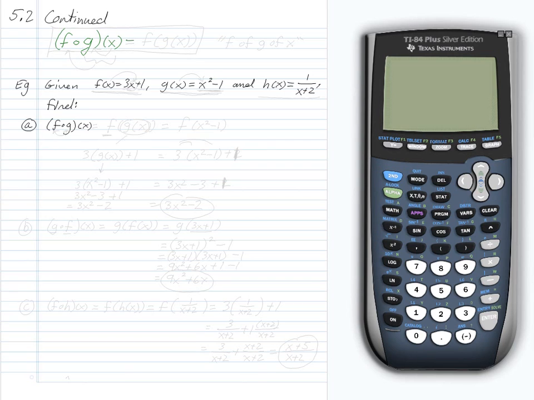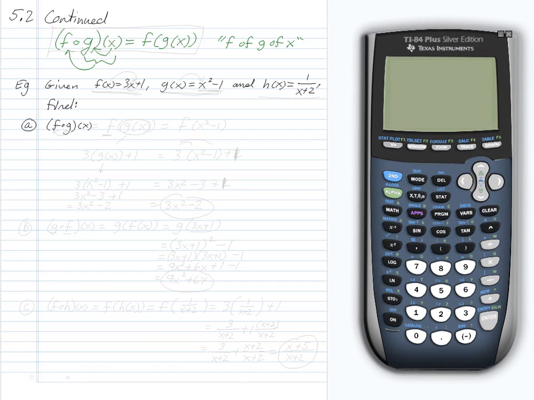What this means is we're going to take g of x and plug that into the function f. Okay? So you can think of plugging x into g and then plugging the result into f. And I like to think of this as f of g of x.